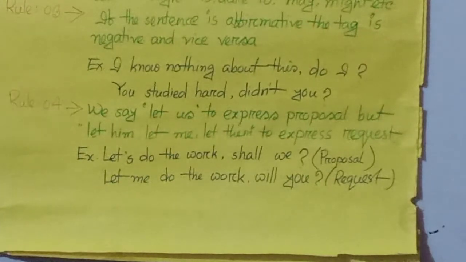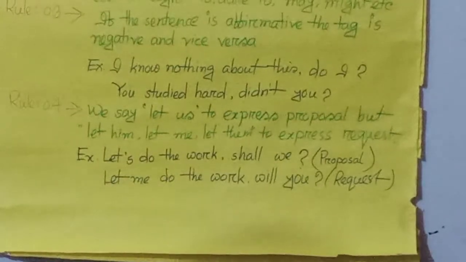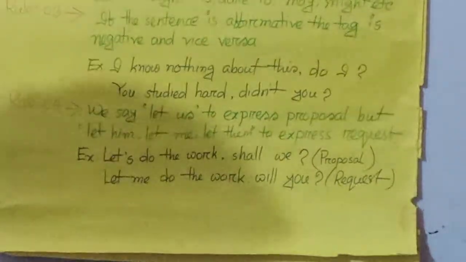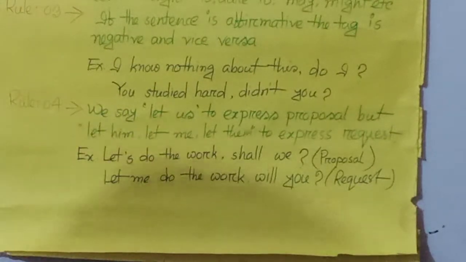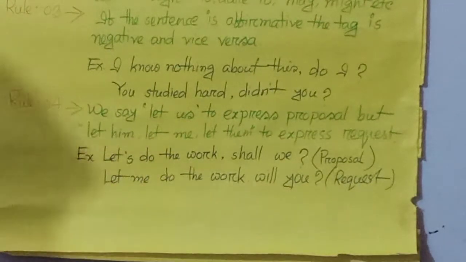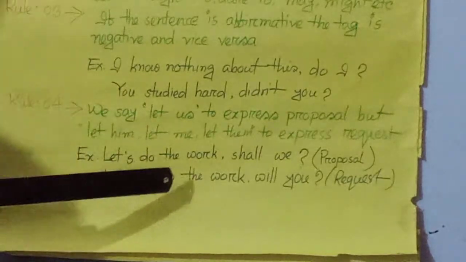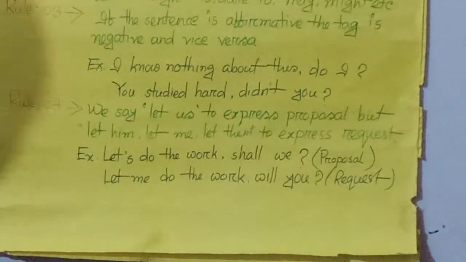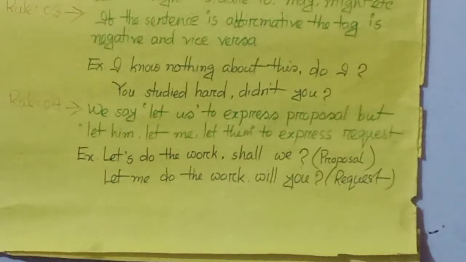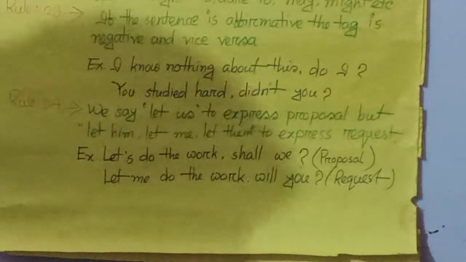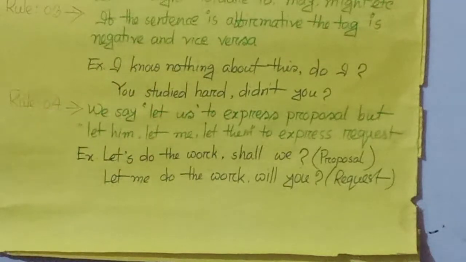But there is a confusion: when do we use shall we and when do we use will you? I have a solution. If we notice a proposal in the sentence, we use shall we. And if there is any request in the sentence, we use will you.